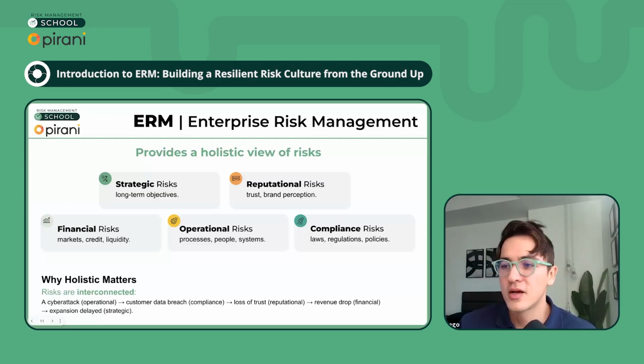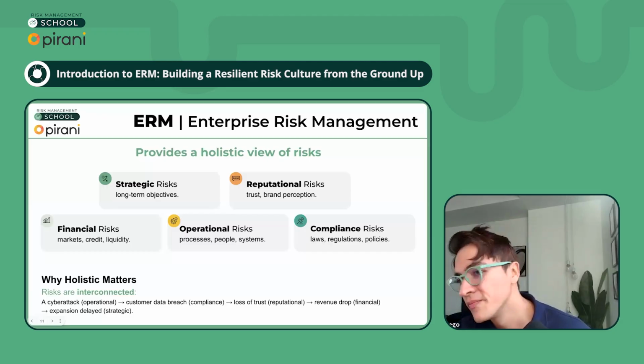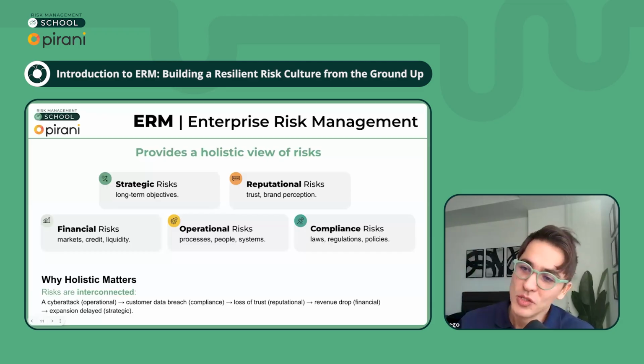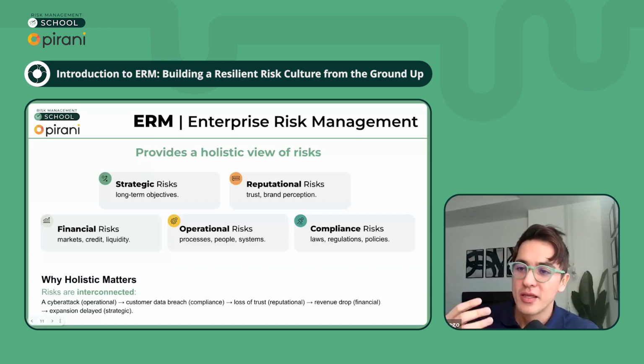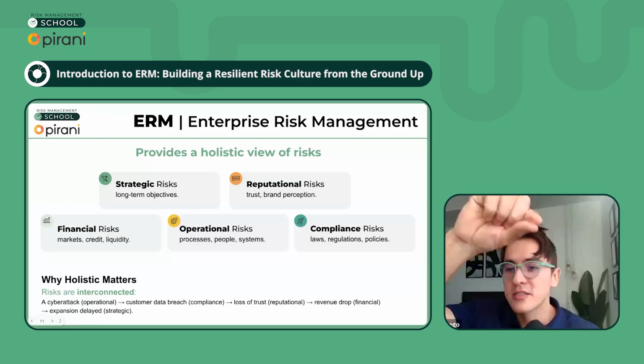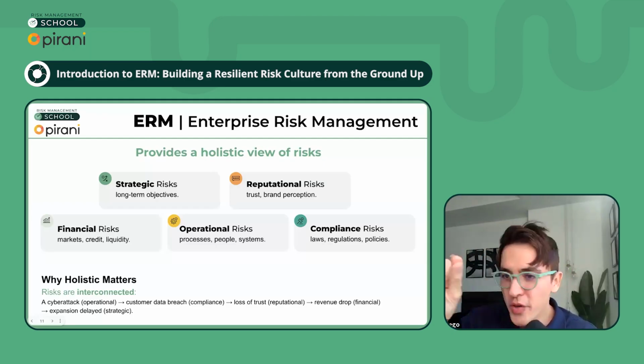It will be a customer data breach, that is a compliance risk, but it is also connected with loss of trust, so it's also reputational, and also with revenue drop, which has a financial impact, and maybe it will affect the expansion of the company, with expansion delays. So this is a strategic risk at the end of the day. As you can see, ERM connects all the dots, because all the risks are linked with the goal and the mission of the company.